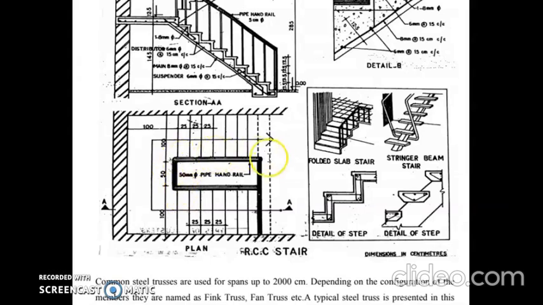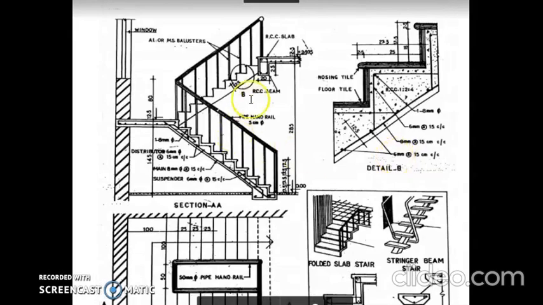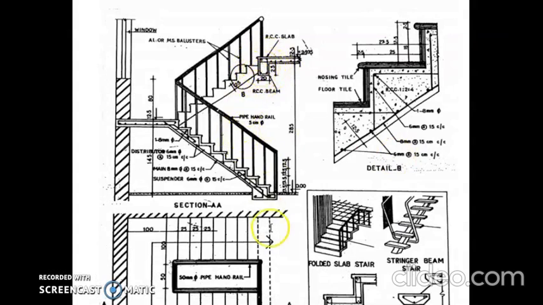This handrail is 5 centimeter piping. So this width should be taken in scale as 5 centimeter. And this dotted line shows the beam. Here there is a beam at the top, and this beam is shown using this dotted line, and throughout there is a beam.